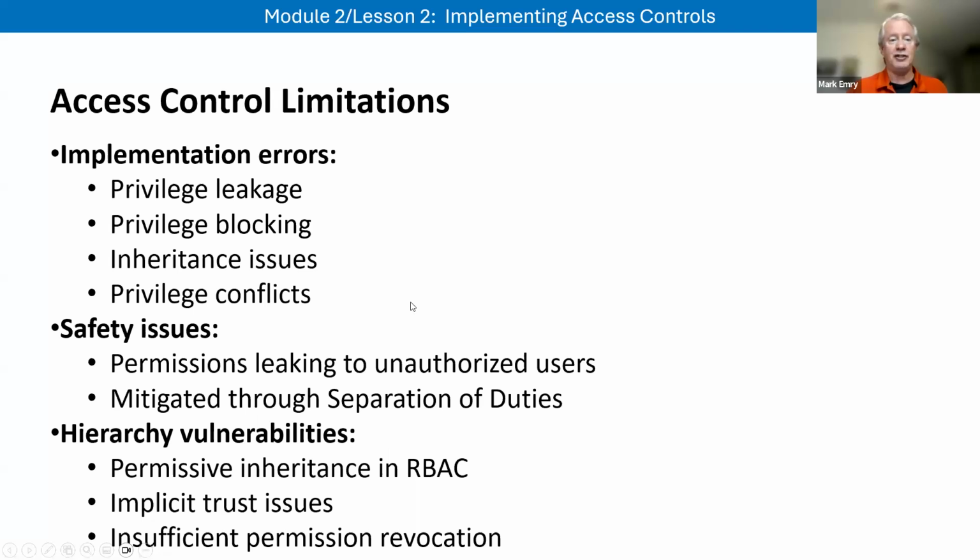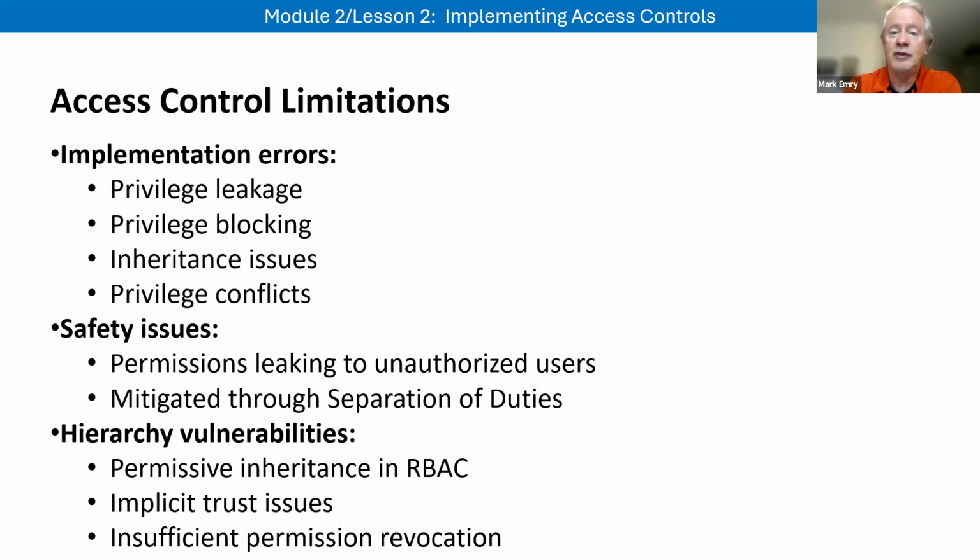Now, some of the limitations of access control could be implementation errors, such as privilege leakage, privilege blocking, inheritance, privilege conflict. There could be safety issues in which permissions have leaked to an unauthorized user. Separation of duties is a practice to mitigate issues of safety.